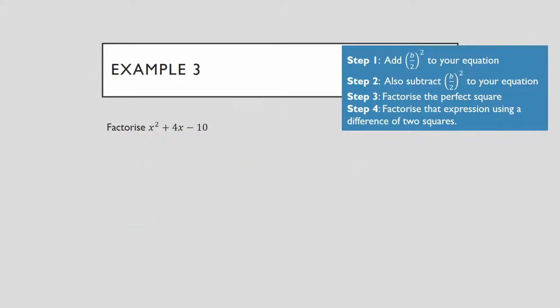The final example, again, I'll go through it quickly. So we're going to take our b, which is 4 over 2, and square it. So that's going to become 2 squared, which is 4. So we rewrite it as x squared plus 4x plus 4, then our constant, and then minus 4. So that's step 2, minus 4.